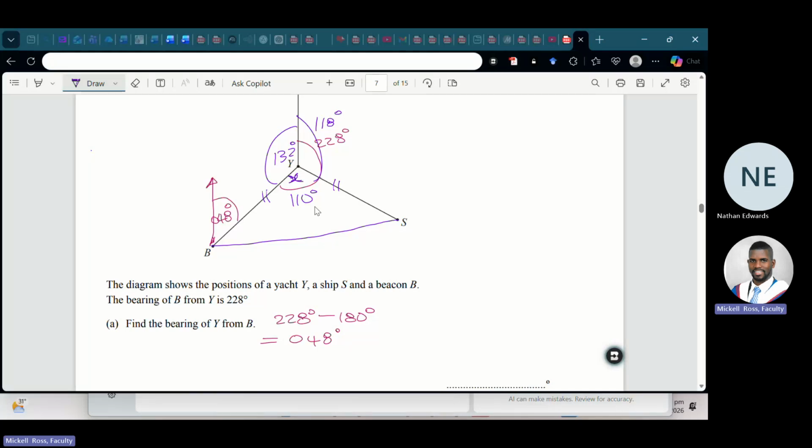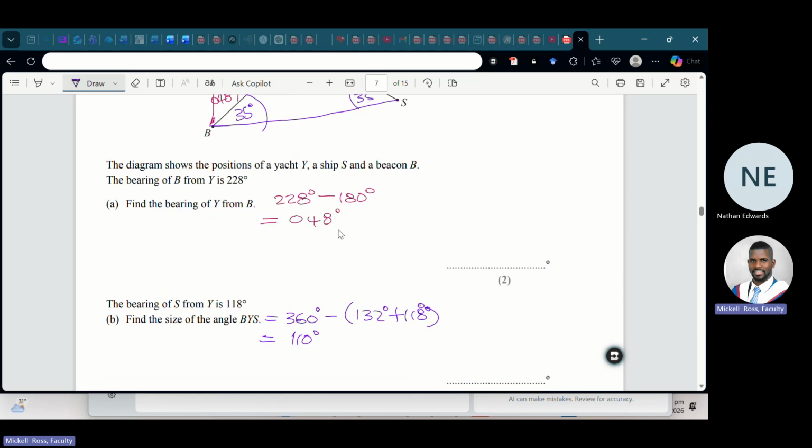So we have an isosceles triangle. If they are the same length, then these two angles must be equal. The remaining angle to get to 180, since the sum of angles in a triangle is 180, means this must be 35 degrees and this must be 35 degrees.